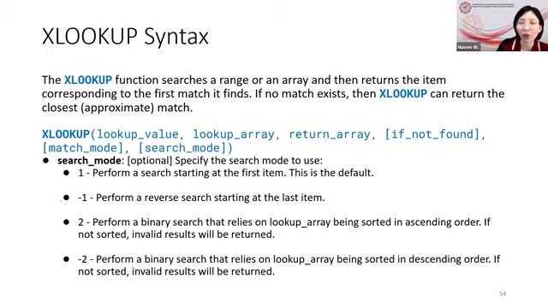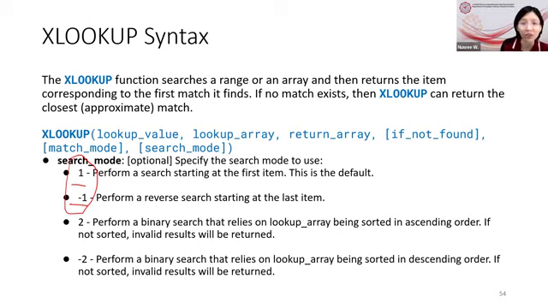So -1 and 1 are the search modes that do linear search. 1 means top to bottom, -1 means bottom to top. There are different directions only. But if you choose 2, that means it will try to use binary search.